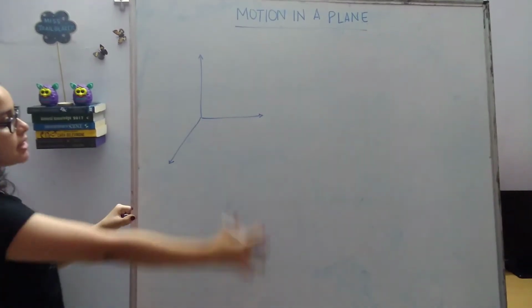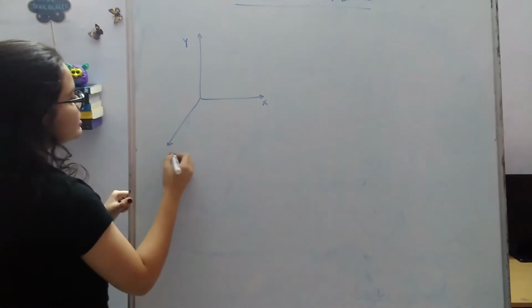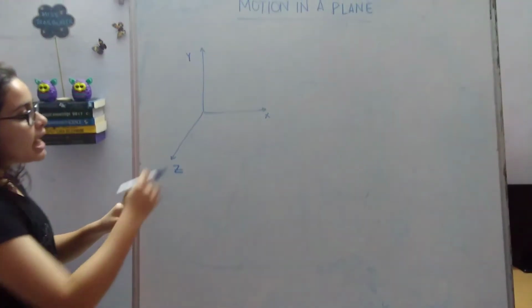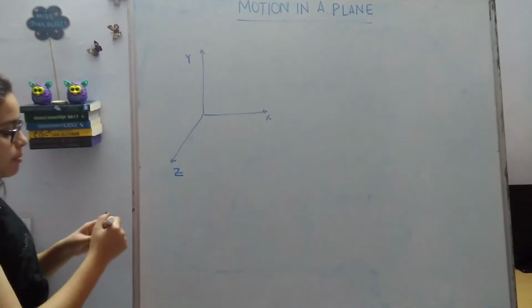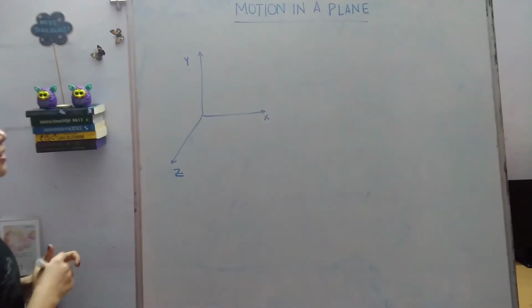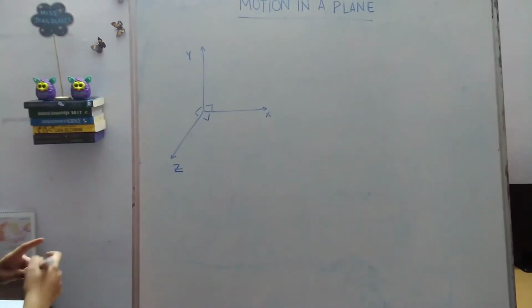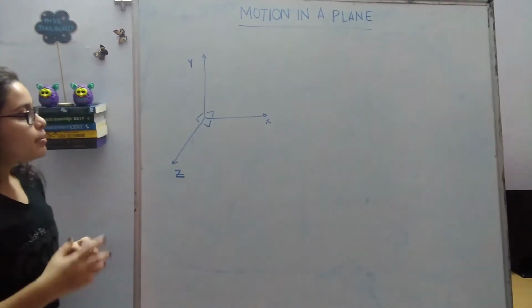So this is how the representation will look like: x-axis, y-axis and z-axis. It may not be clear from the picture, but three of them are perpendicular to each other. So that means this is 90, this is 90 and this is also 90. Here you will require a lot of imagination.